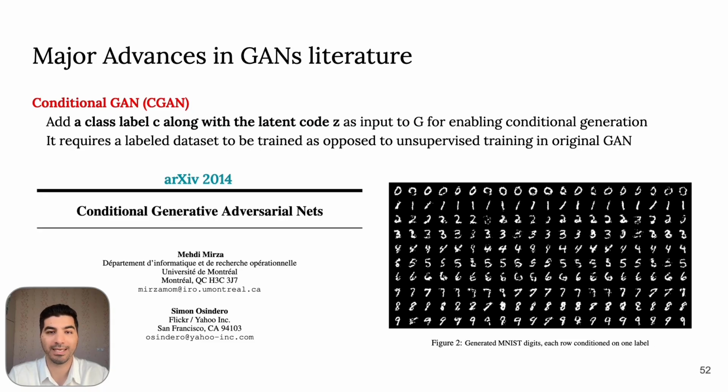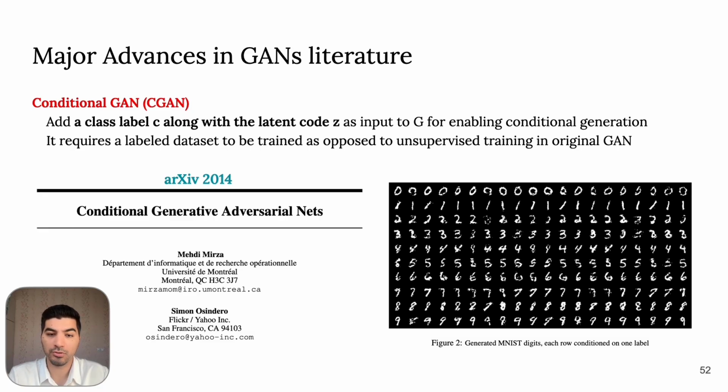So now the GAN has two inputs, the latent code Z, which is a kind of random noise, and C as the class label. Because we have this label as input to G, we also have labels for our training samples in real images. Because of that, this training requires a labeled dataset, and it's supervised learning. Note that in the original GAN, we don't have any labels, and it's unsupervised learning.